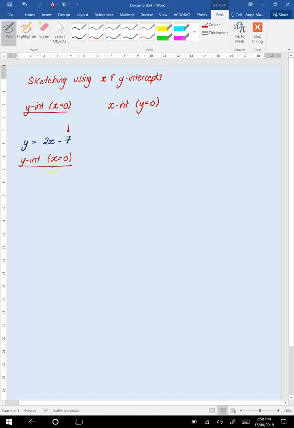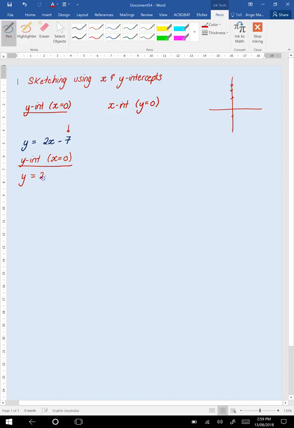So to find our y-intercept, we write this down, so make sure you are writing exactly what I am. So you want y-intercept, x equals 0. We keep the y here, we keep the 0, and here we go 2 times x, but we're making x 0 because anywhere along the y-axis, we know that your x value is always going to be 0, hence x equals 0.